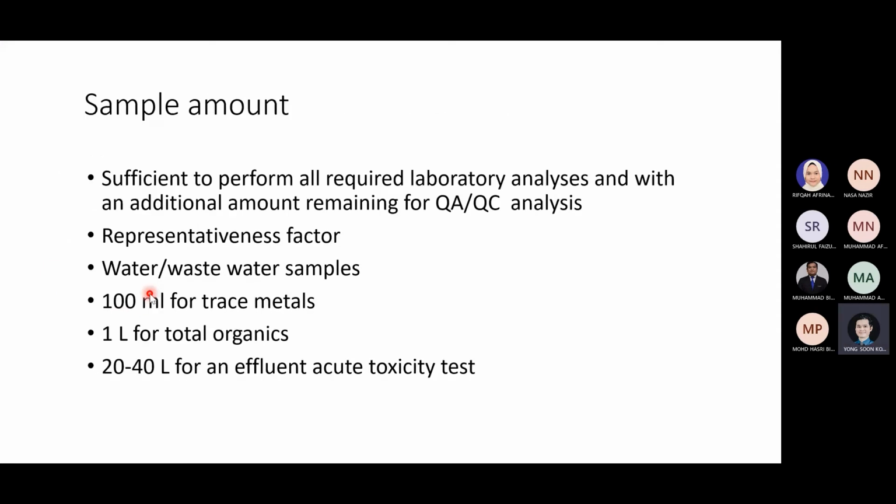And very important, because we cannot afford to collect water samples that much, because where do you store it? And also, do you even need to have that much water? But if you ask me, I would prefer the more the better, as long as it represents the location, the river water, for example.